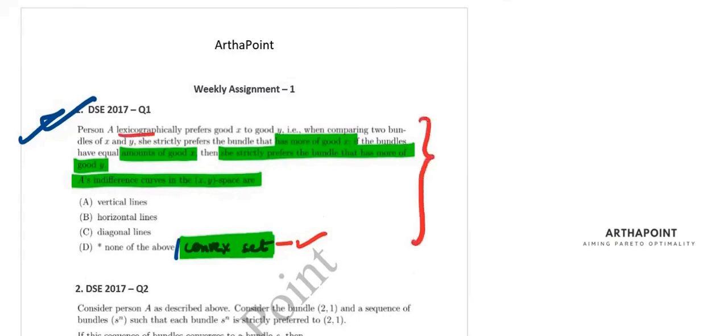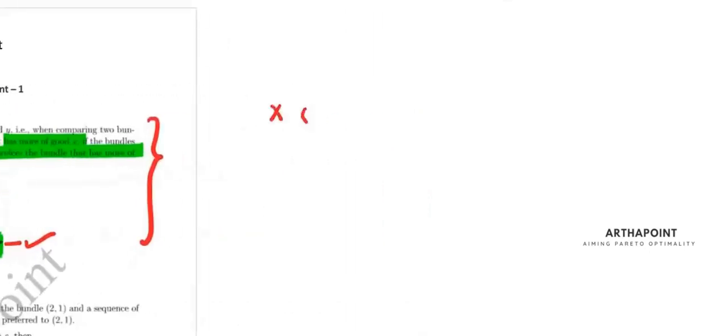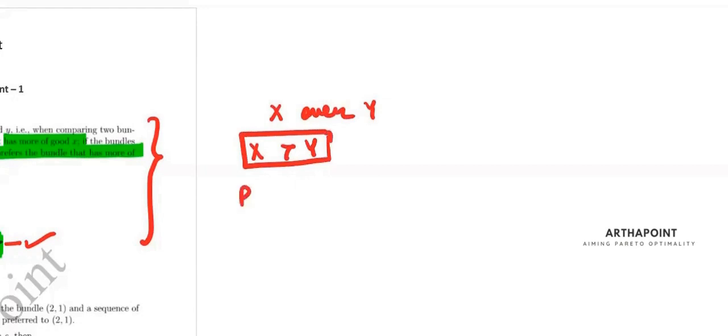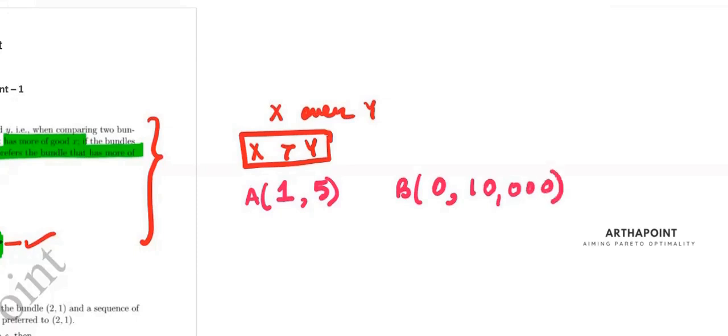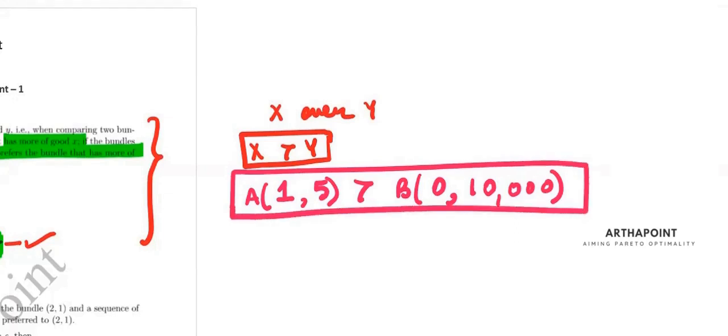So what is a lexicographic preference? A lexicographic preference of X over Y is where X is strictly preferred over Y. It's like saying that if I have a bundle A with 1 unit of good X and 5 units of good Y, and bundle B has 0 units of good X but 10,000 units of good Y, then also I will prefer A over B. This is what lexicographic preference is.